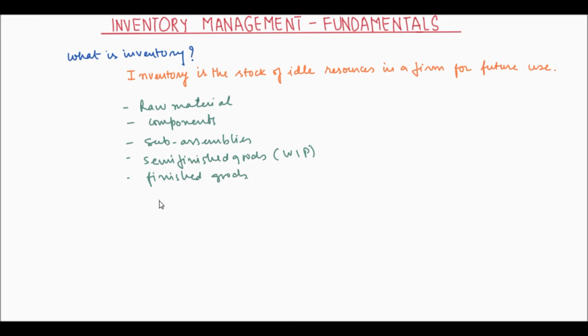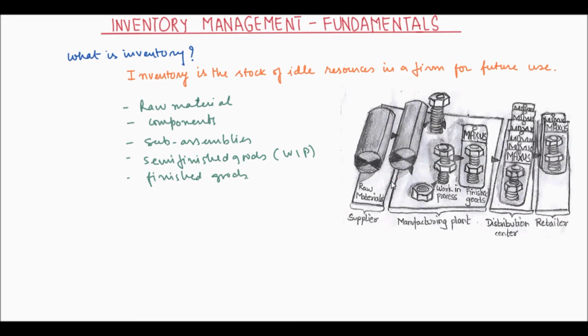Let us look at a simplified pictorial view of these inventories. Now, as you can see in this picture, this is a nut and bolt manufacturing plant. So there has to be a supplier for this manufacturing plant. Now the supplier provides the raw materials. So once the raw material is procured by the manufacturing plant, this becomes the raw material inventory. Now there are different components which will be manufactured, like this is one component, this is another component.